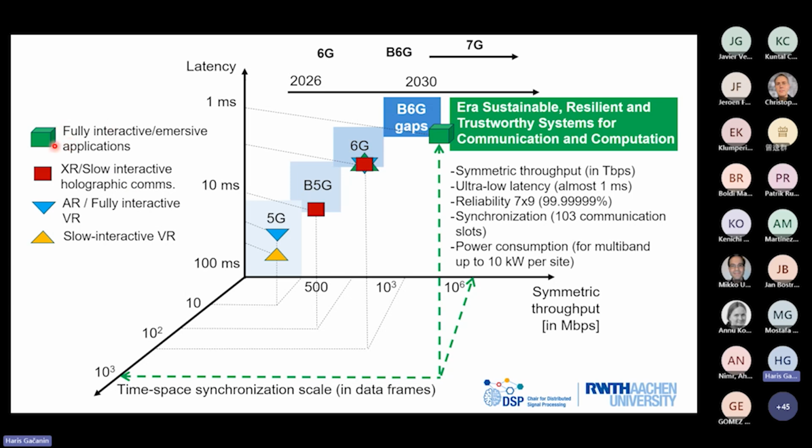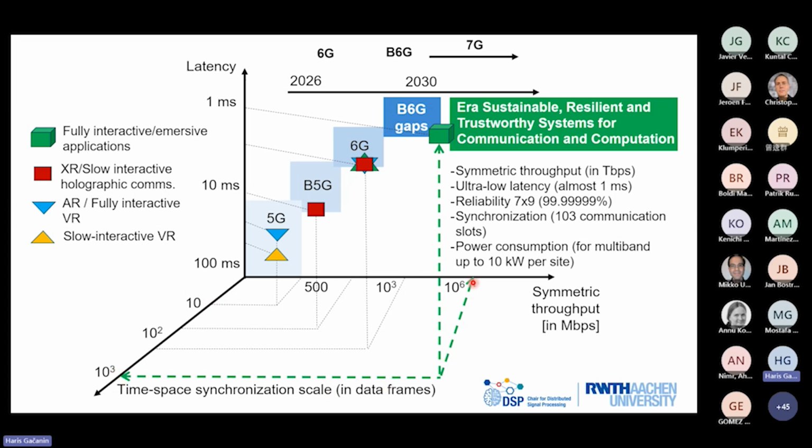This is not the case with what we had until now with slow interactive VR, AR, and fully interactive VR. These applications were able to manage a couple of hundred frames to be synchronized together. However, we are talking here about a really mass scale of synchronization effort.